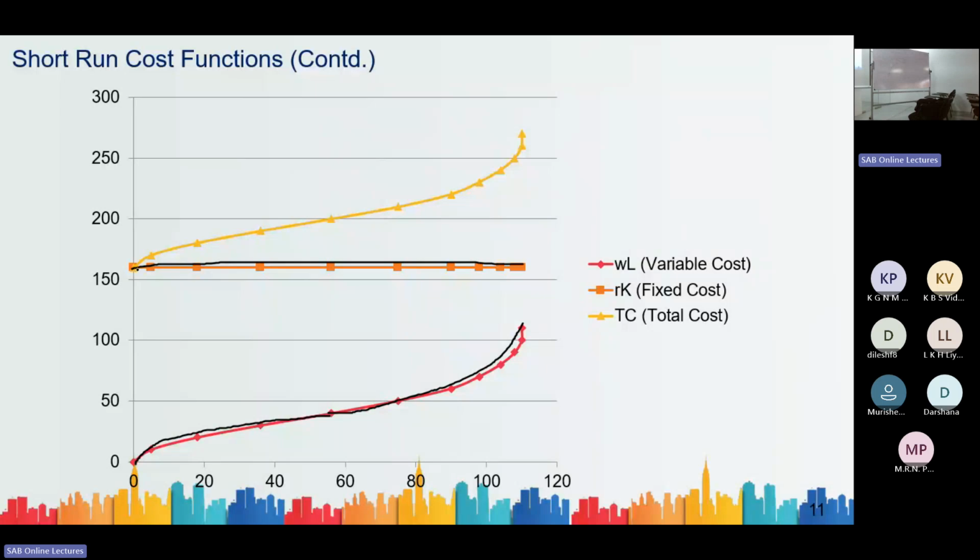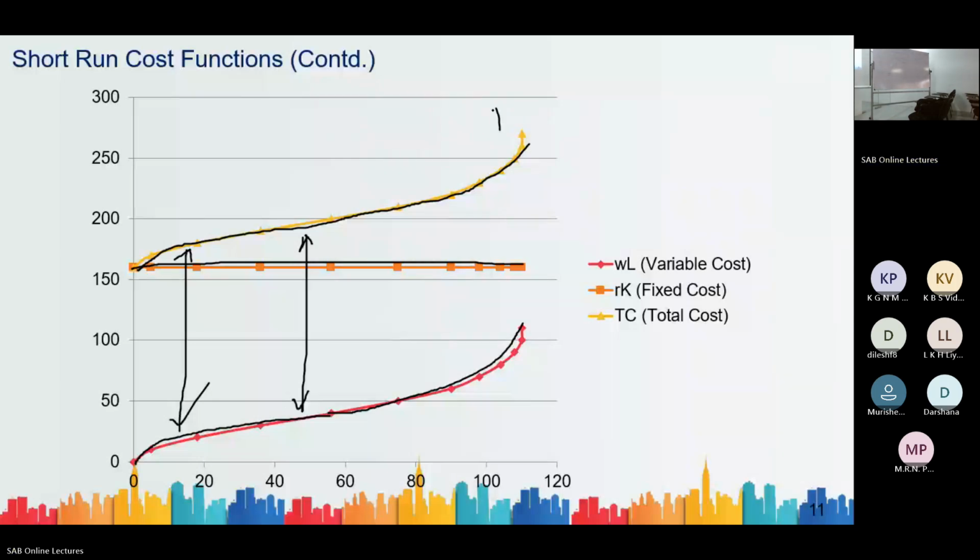Total cost also takes the same shape, but it lies above the total variable cost, and the gap between total variable cost and total cost is the total fixed cost.